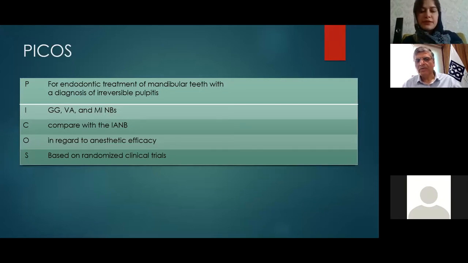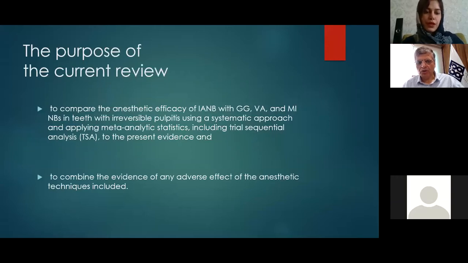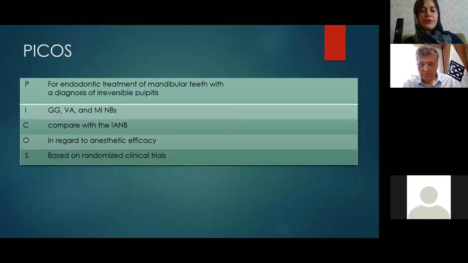The purpose of this PICOS, I think you are going to show that as well. Go back to the previous slide, to the PICOS. Yes, the purpose of this review was to compare the anesthetic efficacy of these techniques to inferior alveolar nerve block, and the PICOS of this review you can see in this table. Okay, should we carry on?